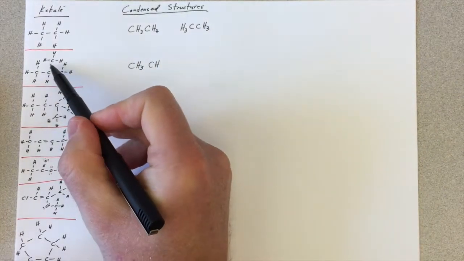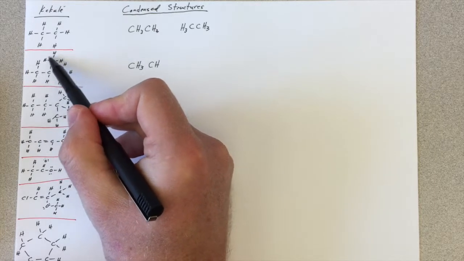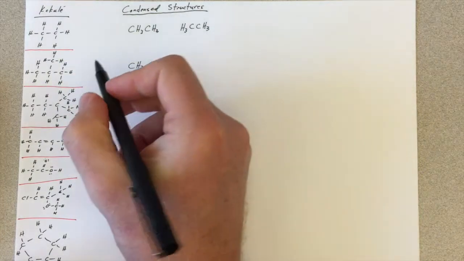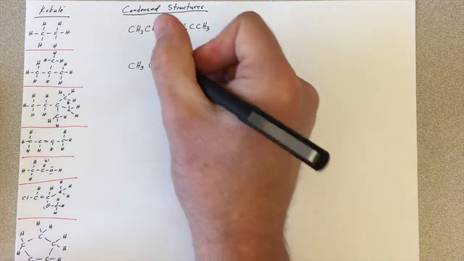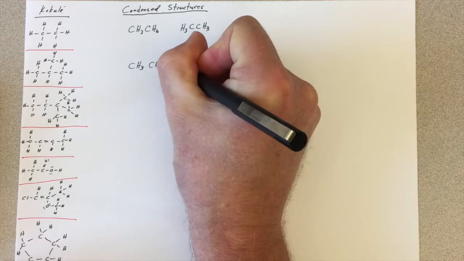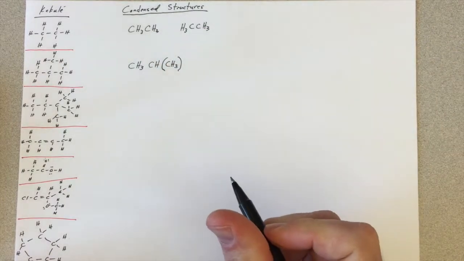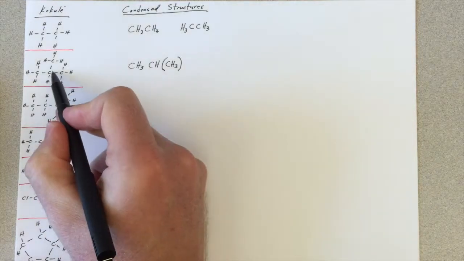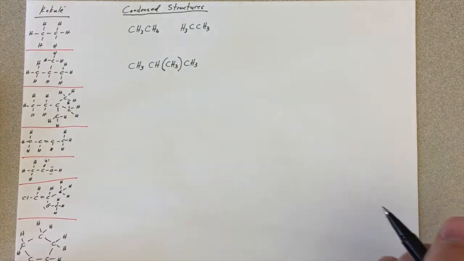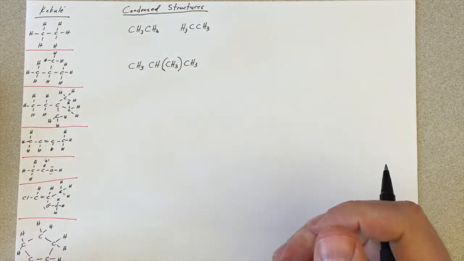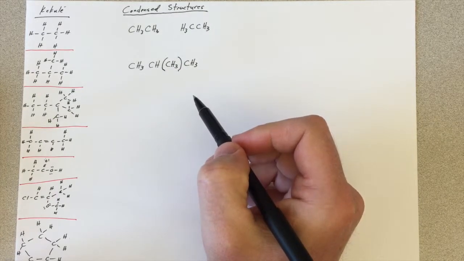Now, coming off of that in a branch, I'm going to define this CH3 unit, and in order to designate that it's coming off of this one in a branch pattern, one option you have is to put it in parentheses, CH3, okay? And then finally, we have another CH3 at the end. This is just a fine way of showing this branching by indicating this with parentheses.